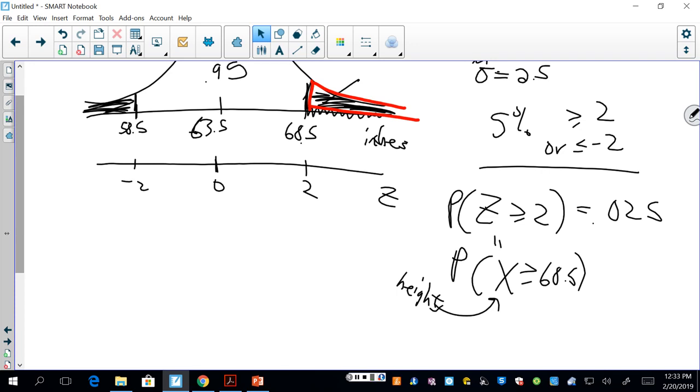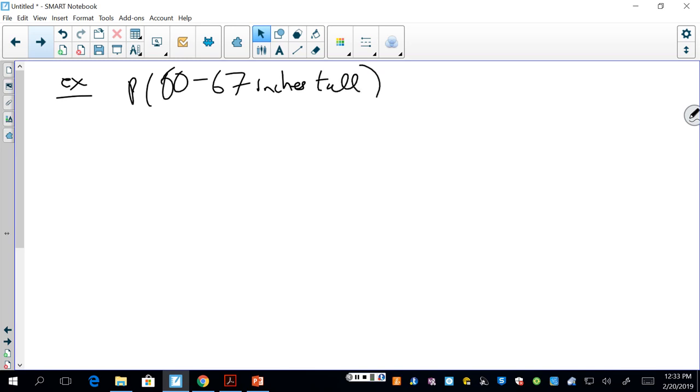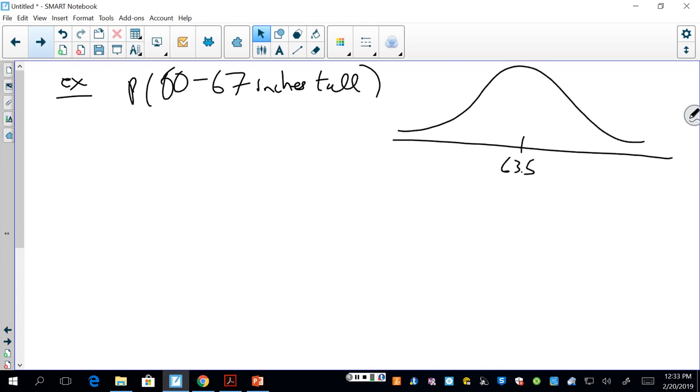So as a second example, say you randomly pick a woman, what's the chance that the woman is between 60 to 67 inches tall? We have a picture here. Here's the 63.5 in terms of our inches.